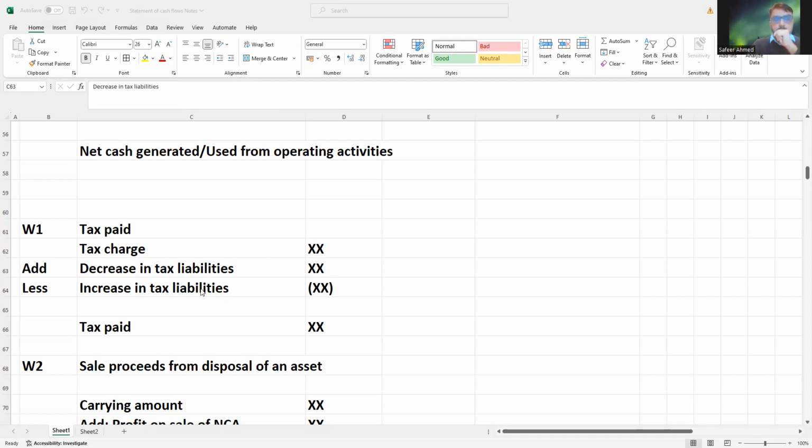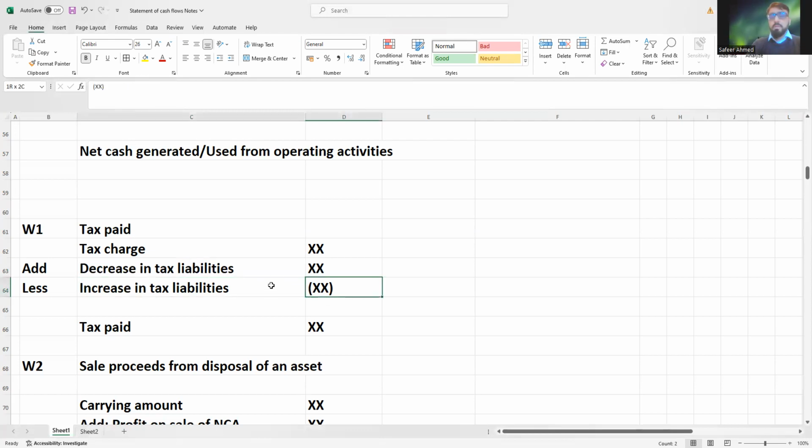So if there is any decrease in tax liabilities, remember they will provide you two years' statement of financial position. So you will be checking the tax liability, whether it has increased or decreased. If there is a decrease in tax liability, you will be adding it back. If there is an increase in tax liability, you will be deducting.